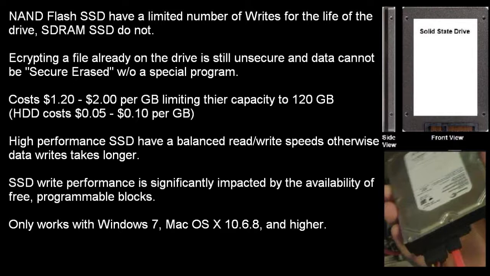Now, to give you a perspective on how long these things will last, let's say that you wrote to a single memory cell, or a bit, and you did it once every 1 second. If you were to continuously do that, that single memory cell would start failing in 6 months. 6 months.